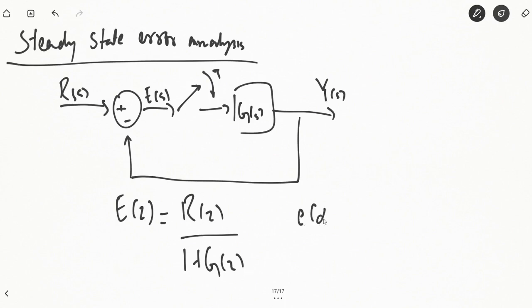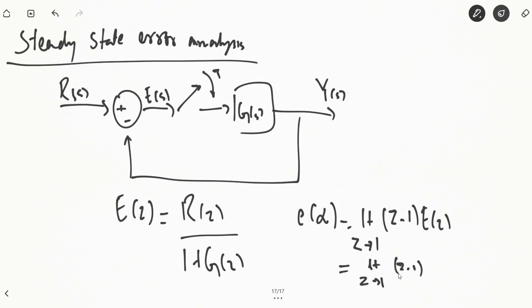E(infinity) will be equal to limit k tends to infinity e(k), which is limit z tends to 1, (z minus 1) E(z). Or in other words, E(infinity) is equal to limit z tends to 1, (z minus 1), and instead of E(z) I can write R(z) divided by 1 plus G(z). So this is my steady state error value.